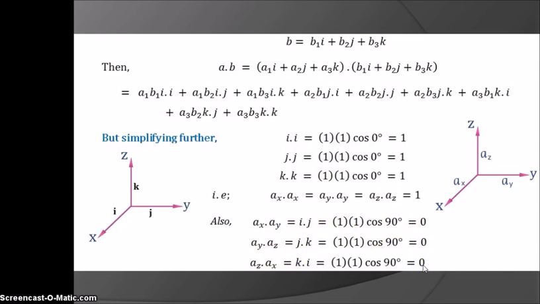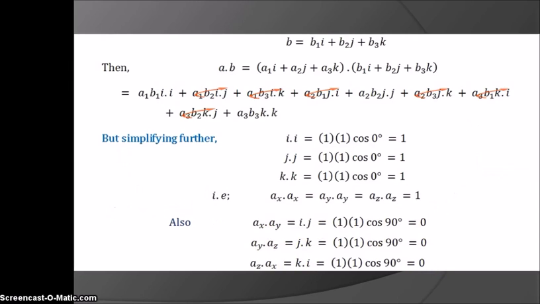What does that tell us? That tells us that wherever we have i dot i, like here, we substitute it with 1. Wherever we have j dot j, we substitute it with 1. Wherever we have k dot k, we substitute it with 1.